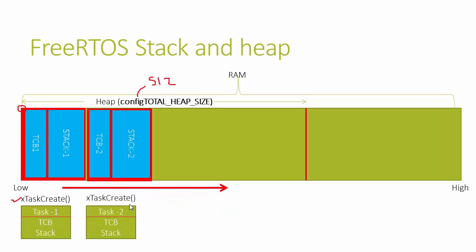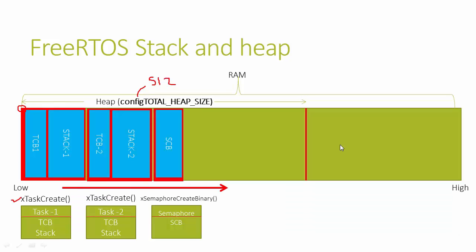Whenever you create another task, task 2's TCB as well as task 2's stack will be allocated next to the first task. When you create a semaphore, for example, the semaphore will have its own semaphore control block, and that control block also will be allocated in the heap memory.